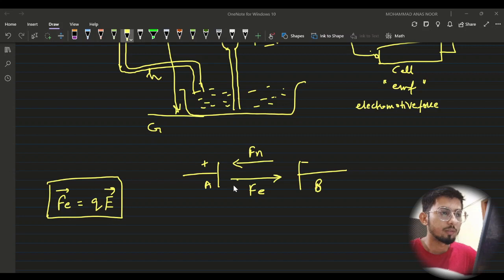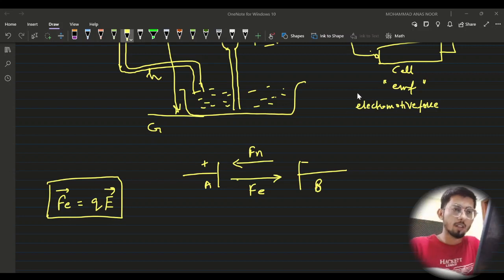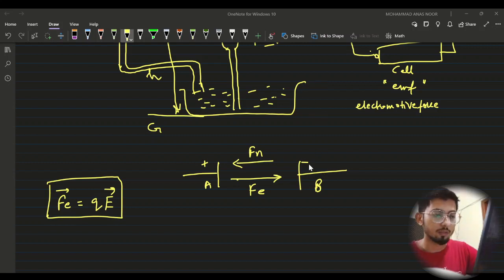Now the work done, because whenever there is a force, the work done by the non-electrostatic force during the displacement of charge. Suppose some charge was displaced from B to A, right? There was some force involved, and when that happens, work is done.